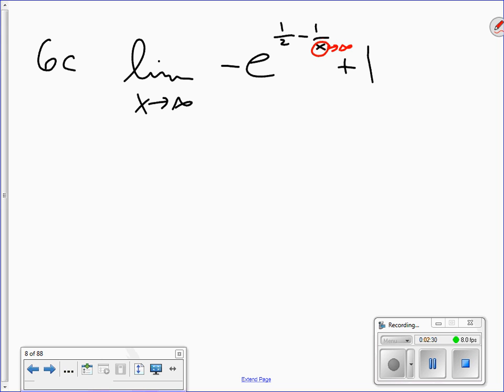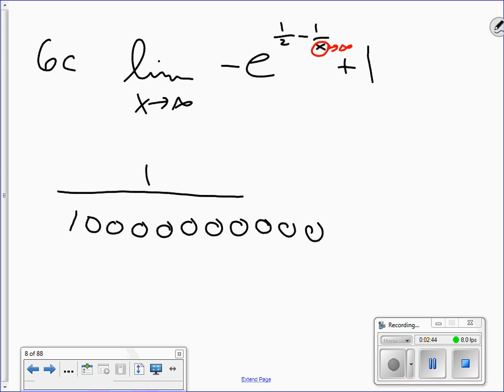If you have a fraction where the numerator is 1, or any number that's not changing, and the denominator is getting larger and larger, what value is the numerator approaching? 0. So if x is approaching infinity, the whole fraction is approaching 0.